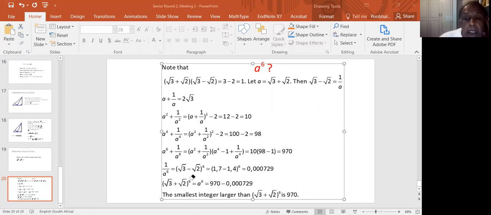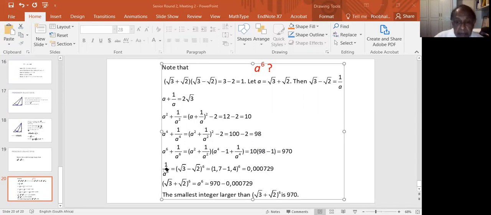Now, we don't have to work out this complicated thing, but we can say that this is 1.732 and this is 1.414, and you can subtract those two things. The reason is I just want to see what this is approximately equal to. Then you get 0.3 raised to the power of 6, and this is the answer that you get.